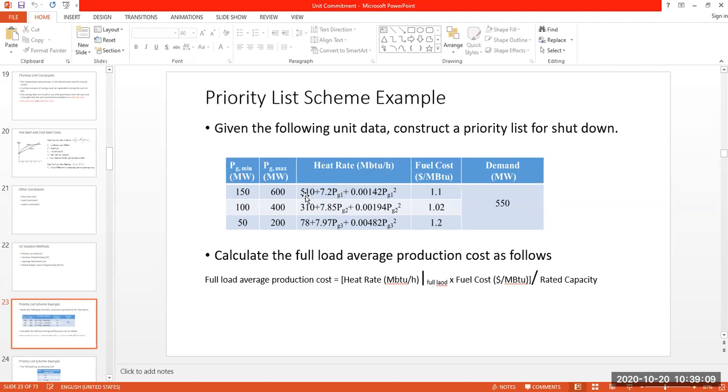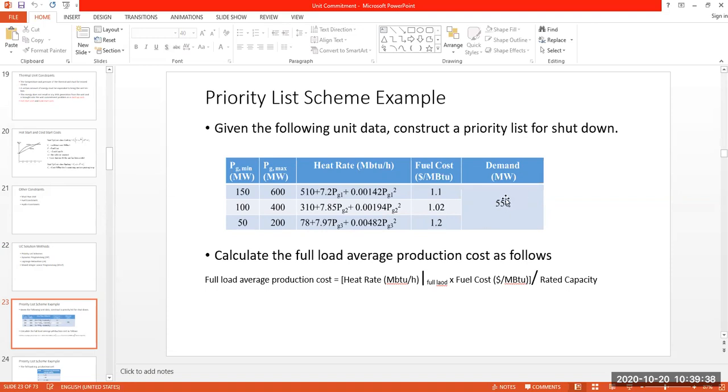Each unit has its corresponding heat rate expression as a function of its own unit generation. So the first heat rate is a function of the first unit generation, the second one is a function of the second unit generation, and so on. The fuel cost is given in dollars per million BTU, and demand here is kept as 550, but we will also show what will happen if the demand is varying.